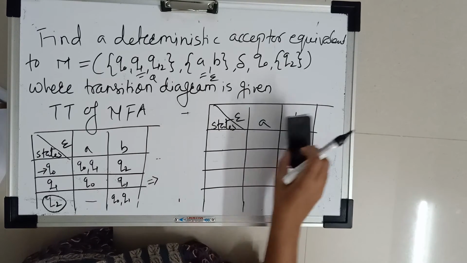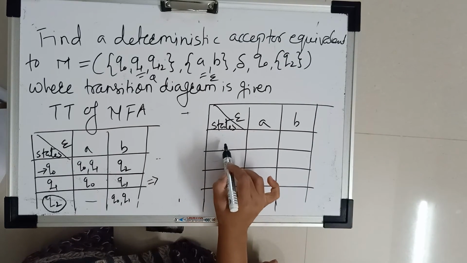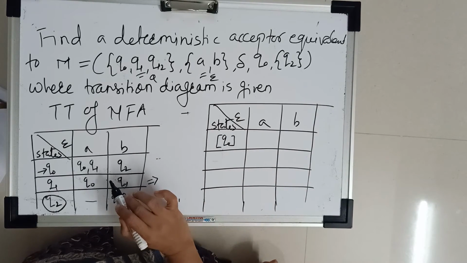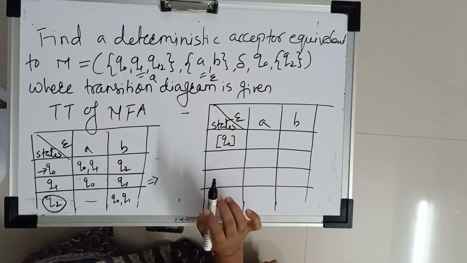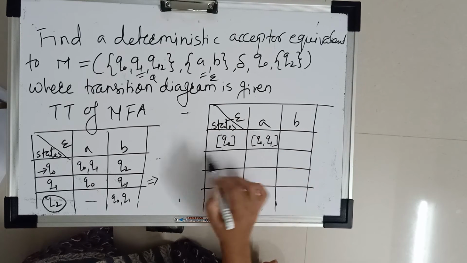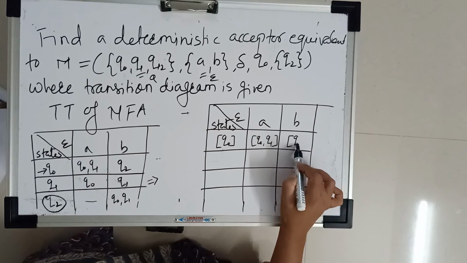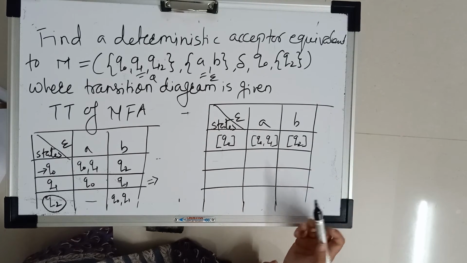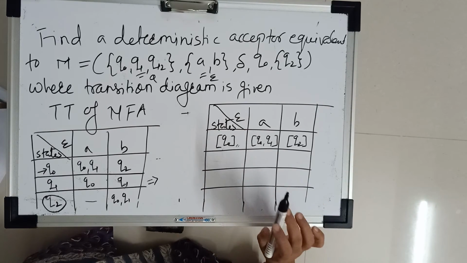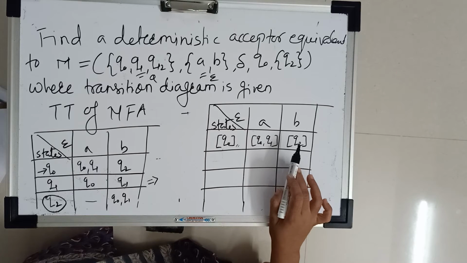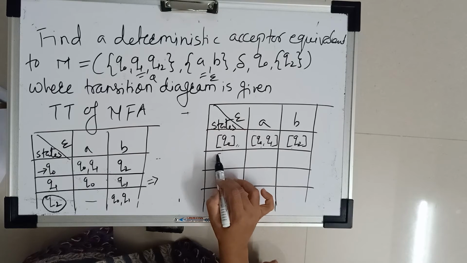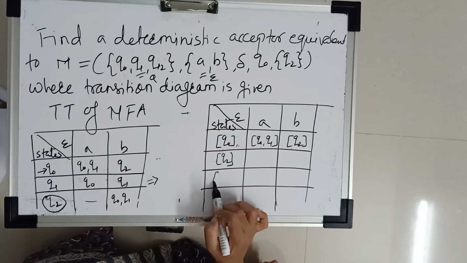Starting from the initial state Q0, whatever entries are given in this table, we'll write the same values for the initial state, that is Q0, Q1, and for the B column Q2. Again, what is the next step? It means which one is the new state. Except this one, which are the new entries from these two columns? So this one is also a new entry and this one is also a new entry. We'll consider both. Q2, we'll write these two here.